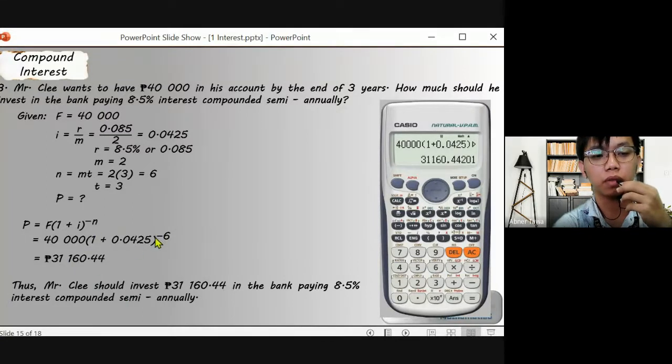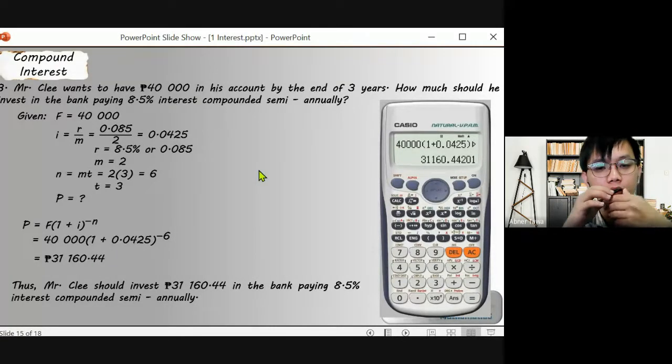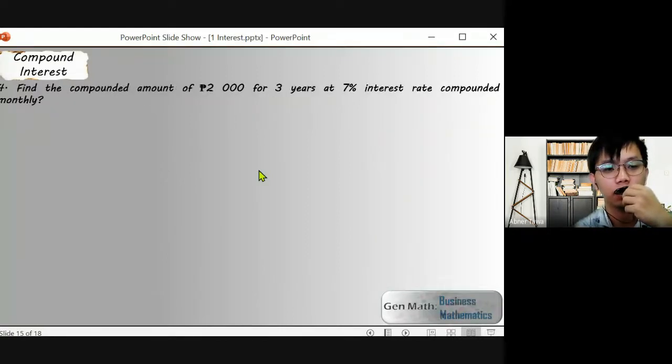Okay. So pag wala kayong calculator, you can manually solve as long as you're going to arrive with the correct answer. Okay, so that is for example number 3. Let's proceed with number 4.